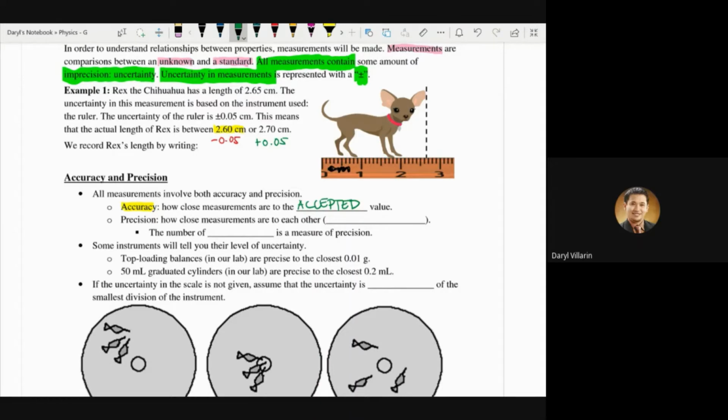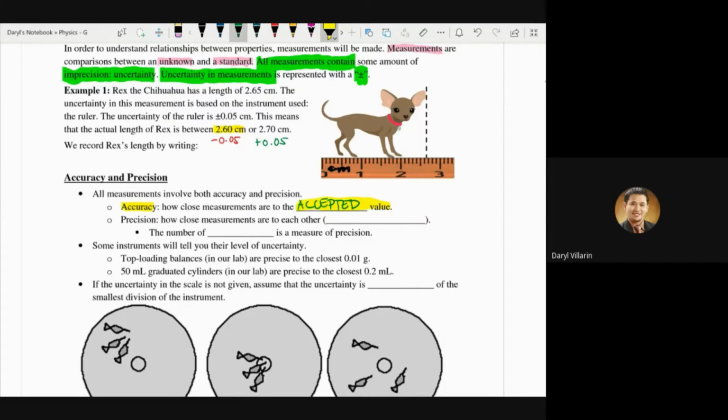For example, the density of water at certain conditions of pressure and temperature is 1.0 gram per cubic centimeter. That's the accepted value. If you do an experiment verifying the density of water, you're going to compare your result to that accepted value. That would be your accuracy, whether it's higher or lower than that. So accuracy always means that you're comparing your measurement to the accepted value.